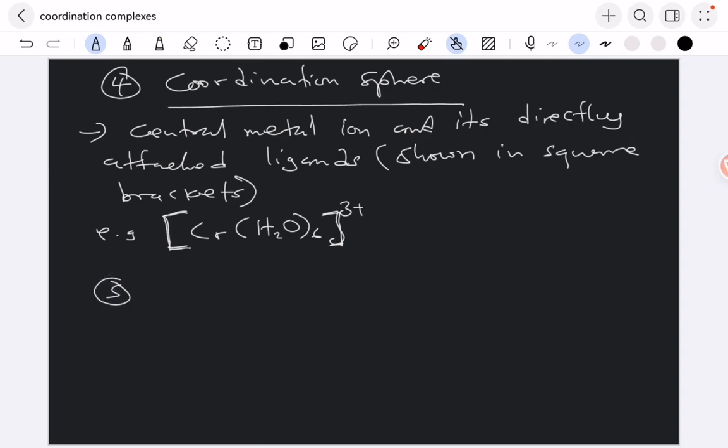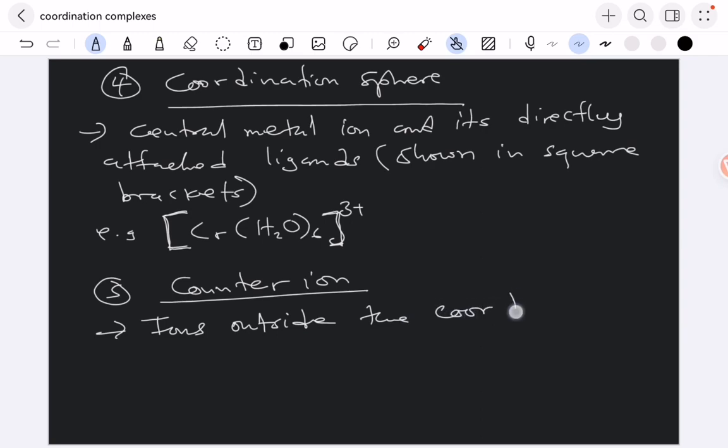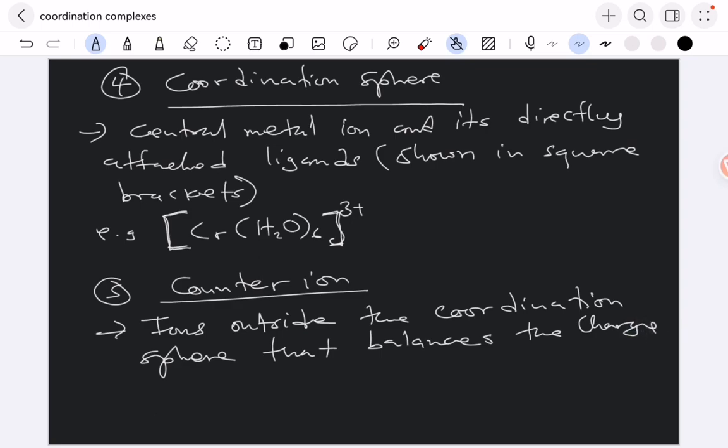Then the opposite of this is known as a counter ion. These are ions outside the coordination sphere. The ions that are outside the coordination sphere balance the charge of the complex.